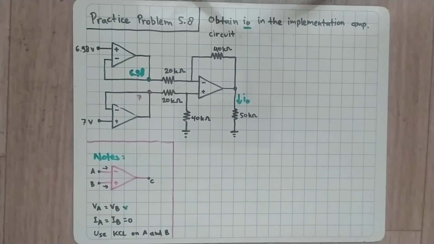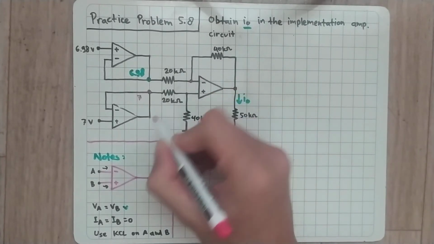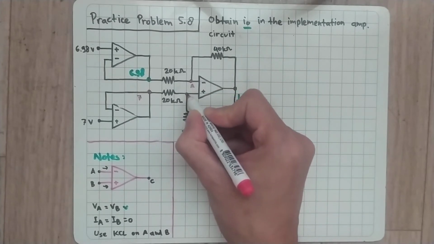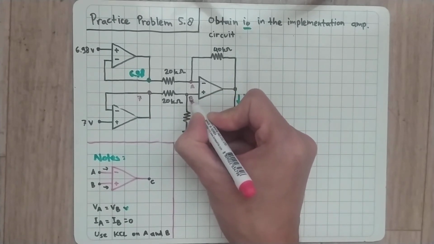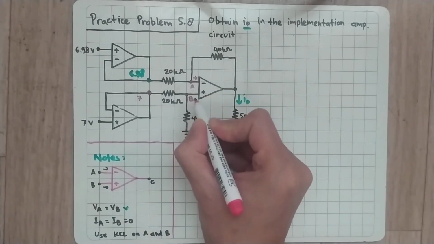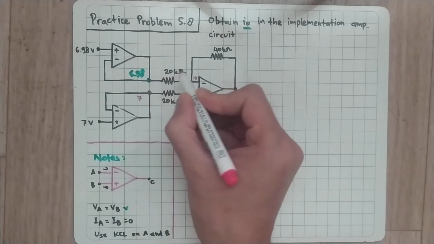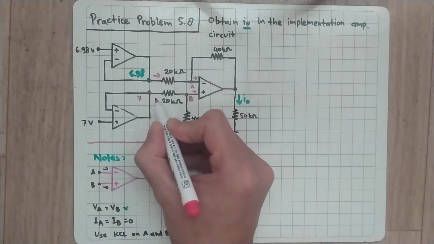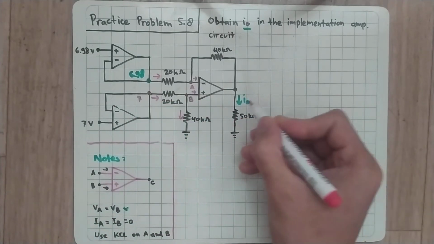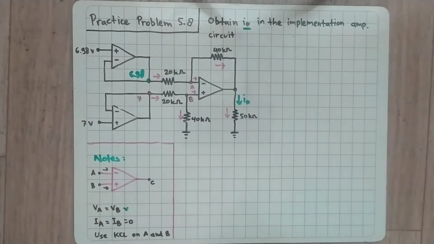Okay, now let's do nodal analysis at this unknown node. So I will have this as node A and this as node B. And remember that the current that goes into the op-amp will equal to 0, and I will assume the current going to the right here, and here also going to the right, here going to the ground, here going to the ground, and here going to the right.